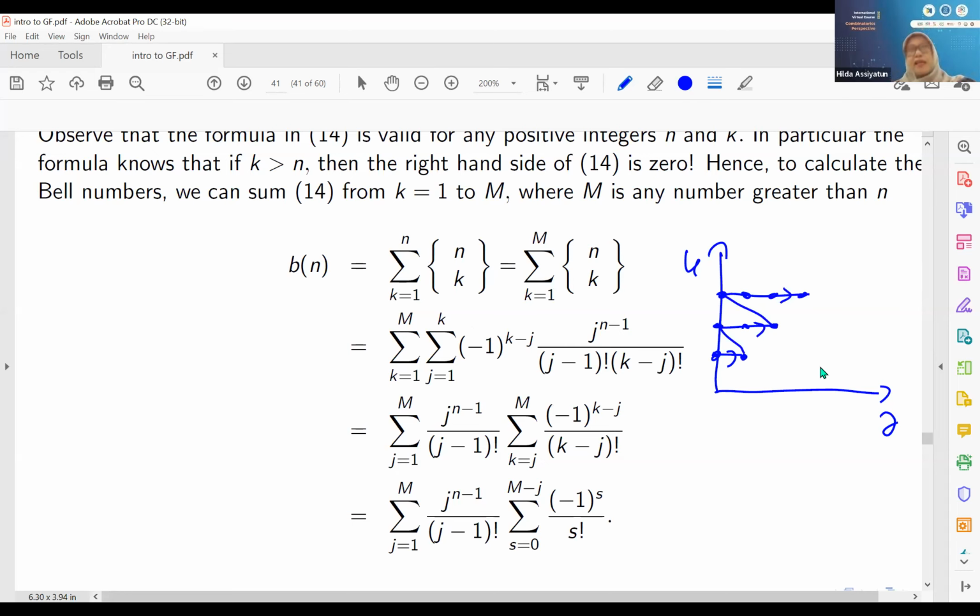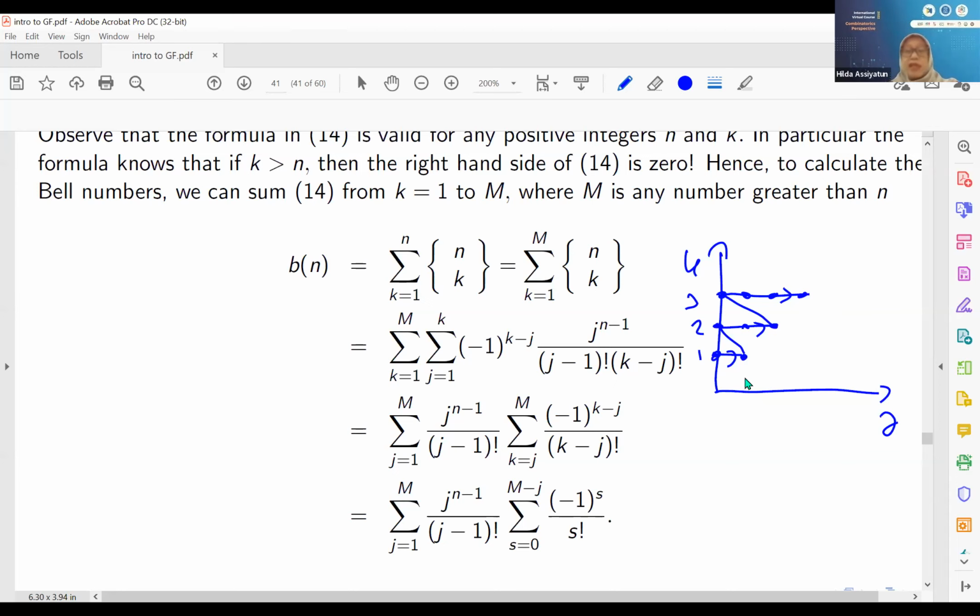You see here that we can do another counting. We can do it this way. We only sum all the vertices in this region.